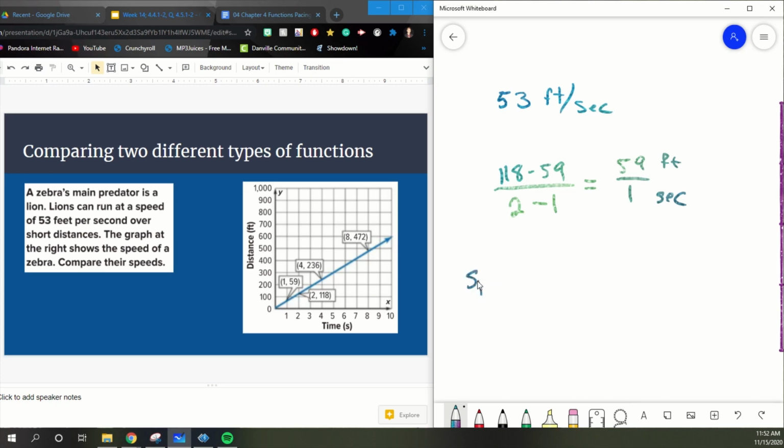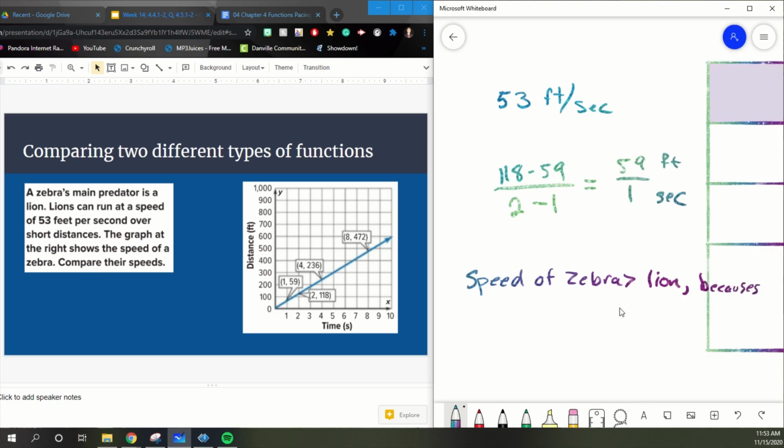So you can say speed of zebra is greater than lion because 59 is greater than 53.